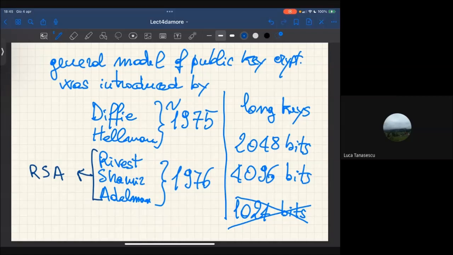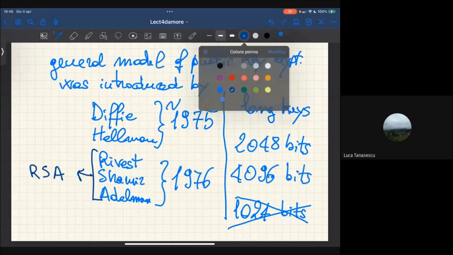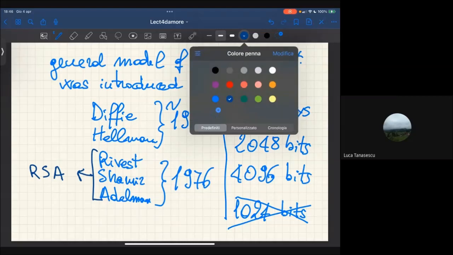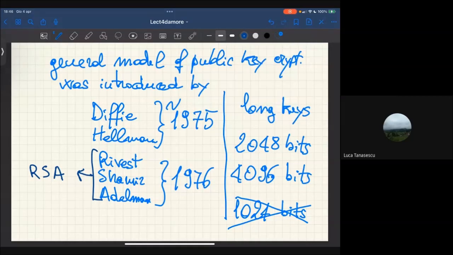This is a very important algorithm, and it was provided in the 70s, more than 50 years ago, and still today RSA is a very important algorithm. It is very popular, it is very elegant, and it is really used.